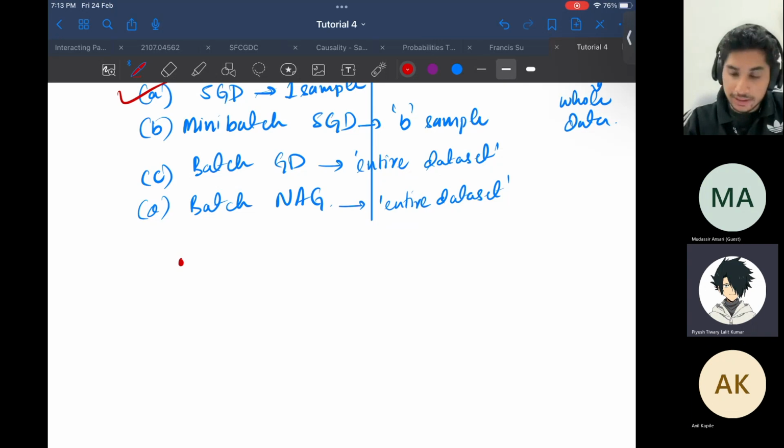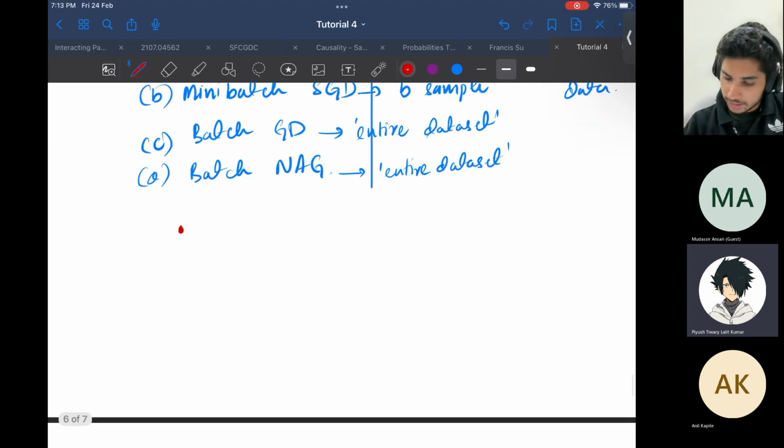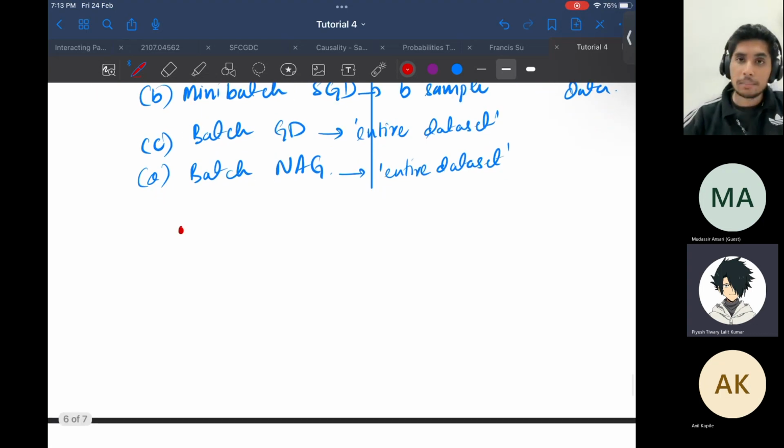So let's say I am at some point, and I'm denoting my position by this red point. Since I'm using only one sample, that one sample will tell me I should go in this direction. Let's say I'm just constructing something.